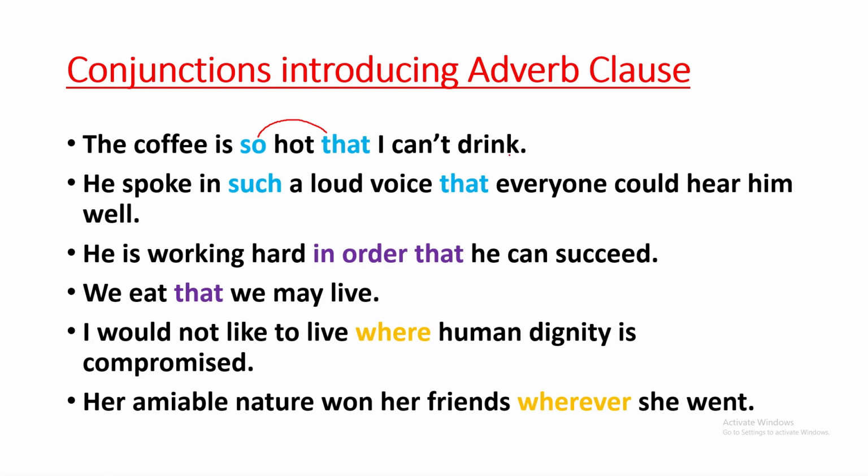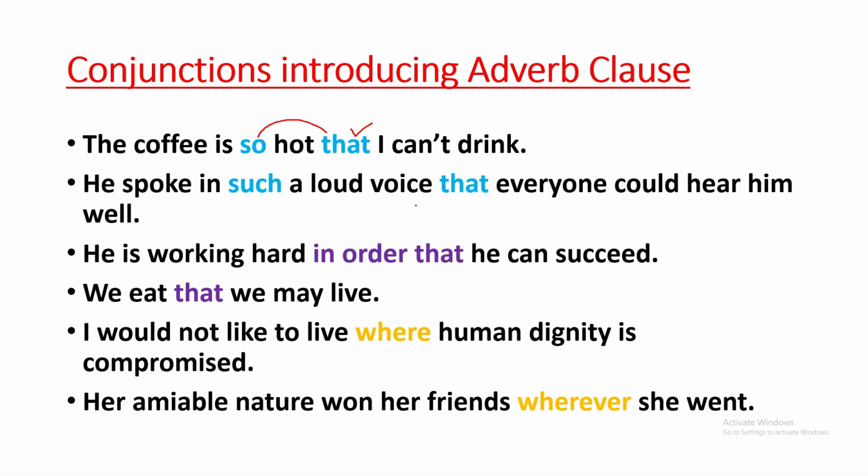That I cannot drink. So that is the subordinating conjunction introducing the clause, that is the adverb clause of consequence or result, because this is the situation and that I cannot drink is the result or consequence. So this clause is the adverb clause of consequence, adverb clause of result.